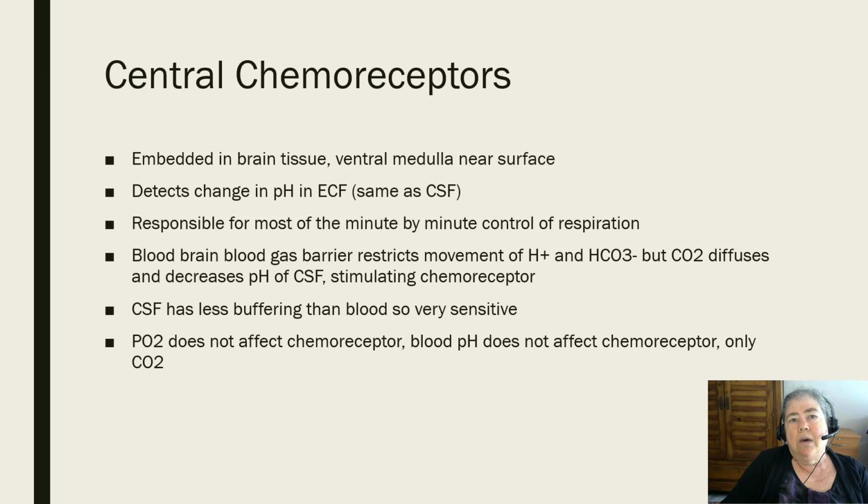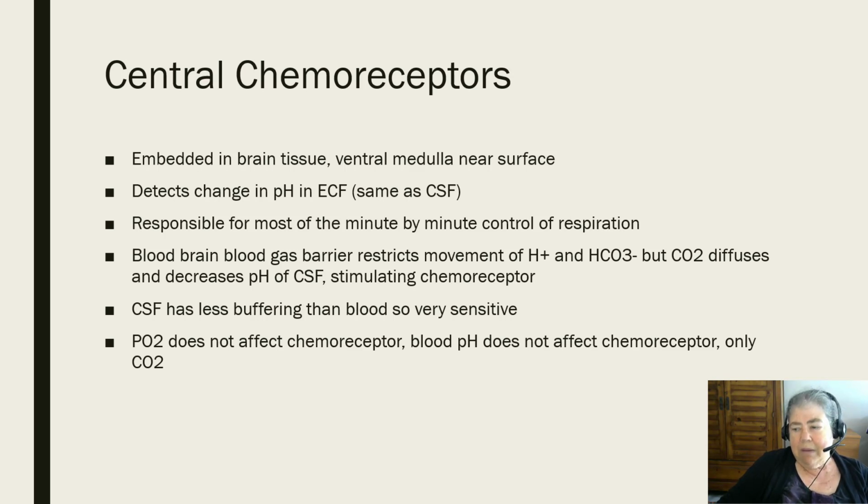And so while the hydrogen ions from high CO2 don't cross out of the plasma into the brain, the CO2 does. And there's not a lot of buffering in the CSF. So very small changes in the CO2 that is diffusing into the brain will cause hydrogen ions to be formed that will trigger the central chemoreceptors.